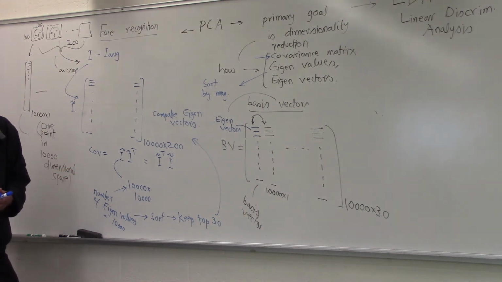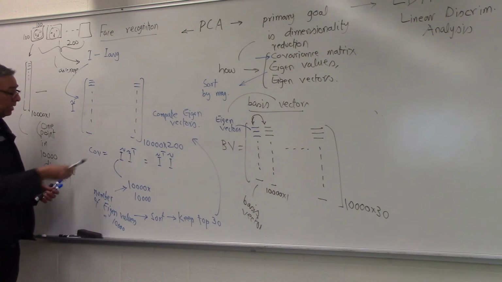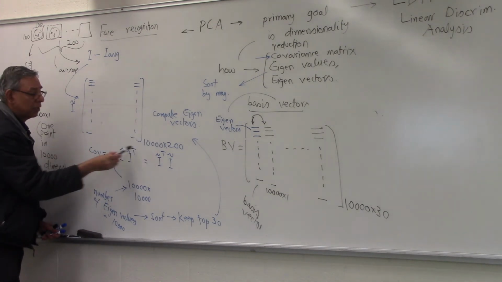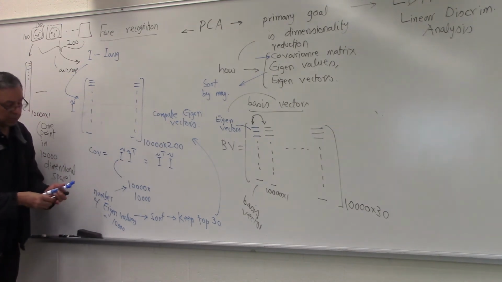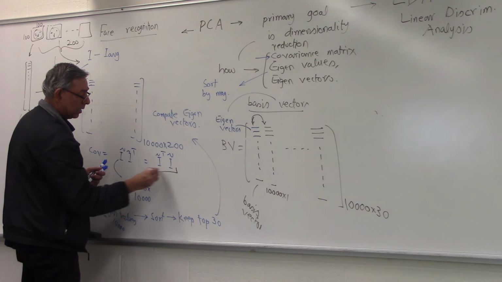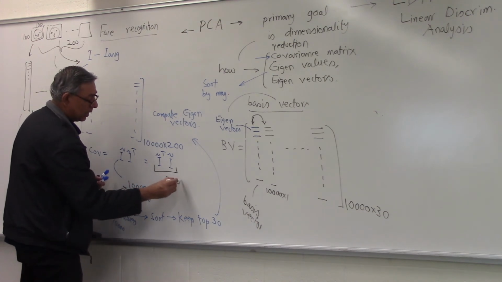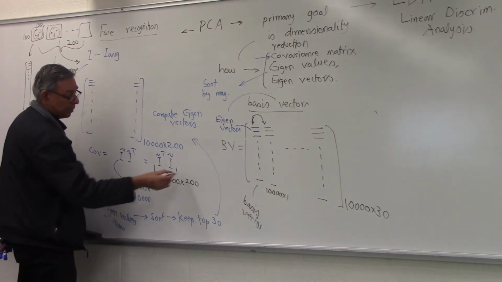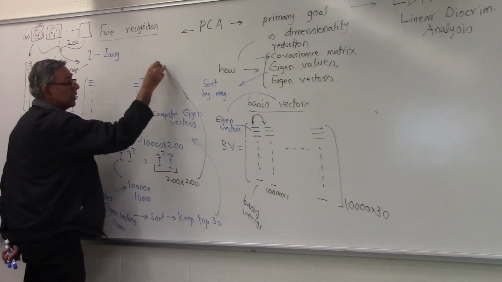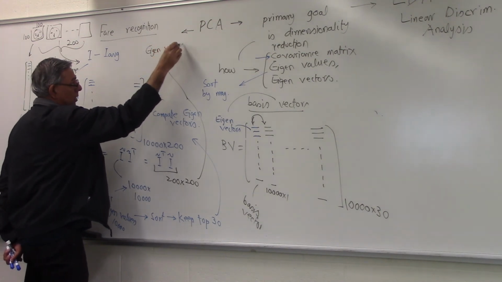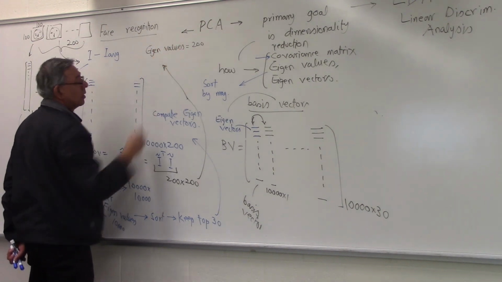What would be the other way of doing it? Instead of doing I times I transpose, we go to I transpose times I. Then what will we get? 200 by 200. If I computed the eigenvalues, how many eigenvalues will we have? 200.